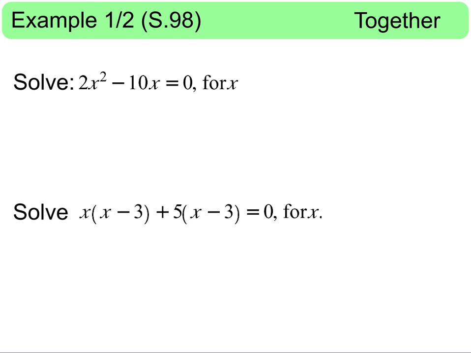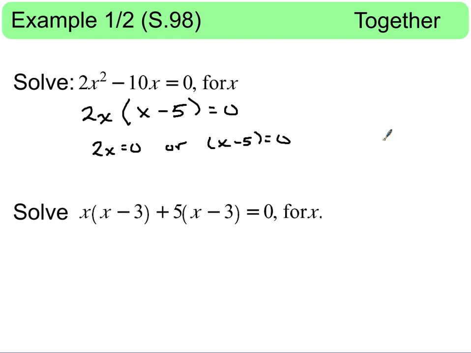If we look at this example here, 2x squared minus 10x, the student is going to pull out a greatest common factor to where you end up with a 2x, and then on the inside I will end up with x minus 5, and that's equal to 0. So if we were to break our compound statement here, we would have 2x equals 0 or x minus 5 equals 0.